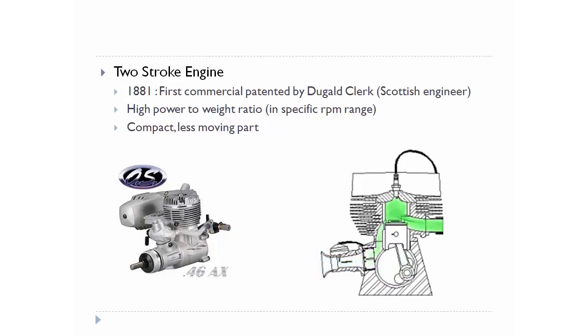Now, the fourth type that I will tell you about is the two-stroke engine. What's the difference between this two-stroke engine and the previous auto engine? The two-stroke is much lighter, and besides that, the ignition cycle is slightly different.